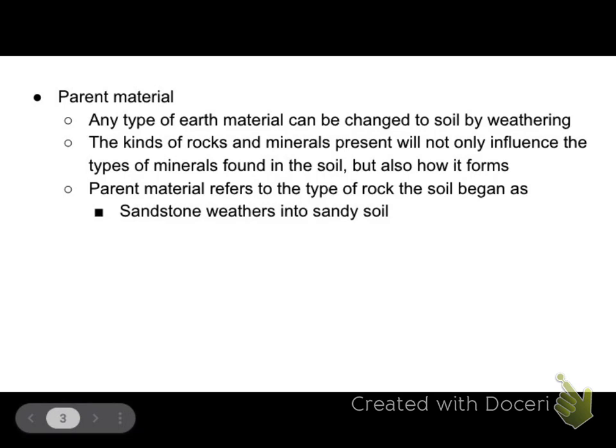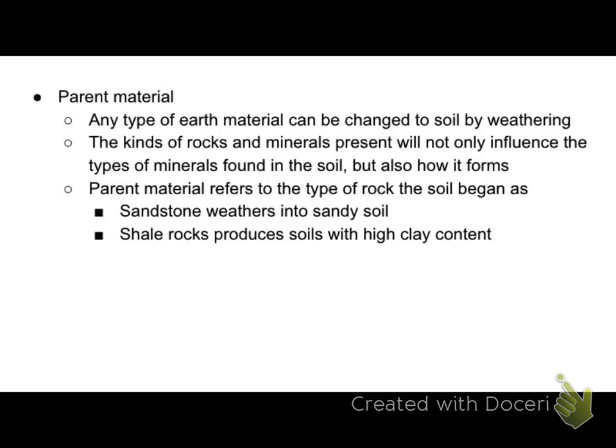For example, if you weather sandstone, surprise, surprise, you get sand in your soil. Okay? So those particles tend to be more sandy. Whereas shale is a very flaky type of rock that makes flaky, tiny, flat pieces, which is going to leave you with more clay content in your soil.